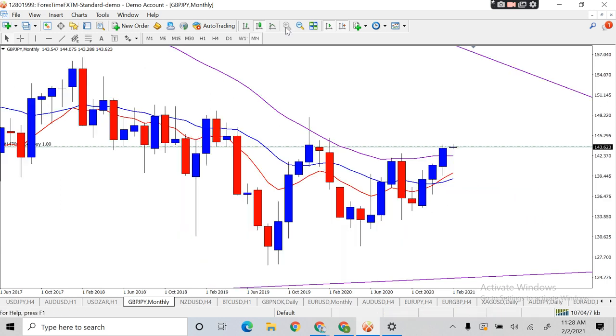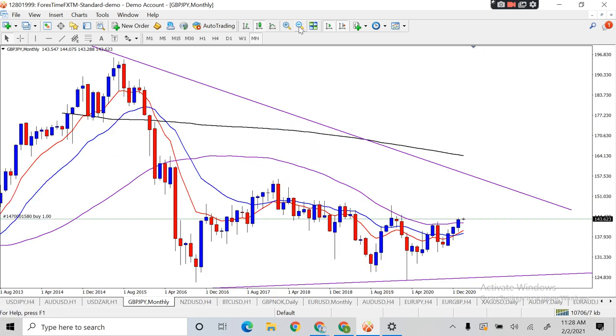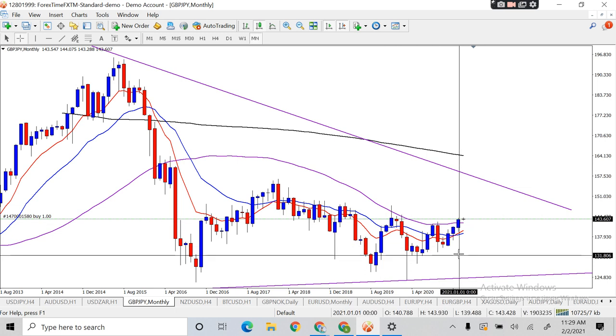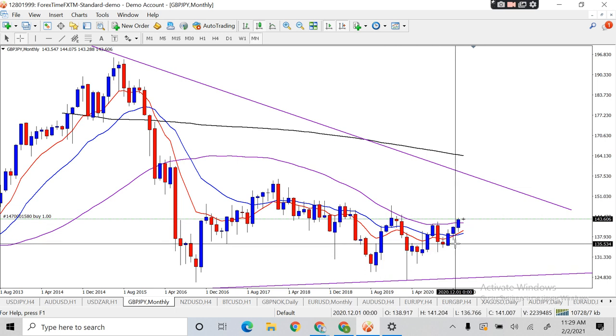Looking at this pair, let me minimize a bit. You can see that this pair has been buying for the past 3 months. And for your information, the 10 moving average just crossed the 20 for a buy, somewhere in December, 1st of December 2020.